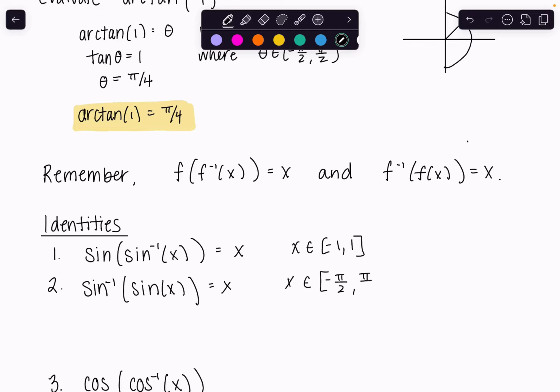So really, when you have this double combination of evaluating a sine function and its inverse, or another inverse, just take it piece by piece and step by step. It's going to make your life much easier instead of immediately canceling these things. They don't always cancel in these instances.